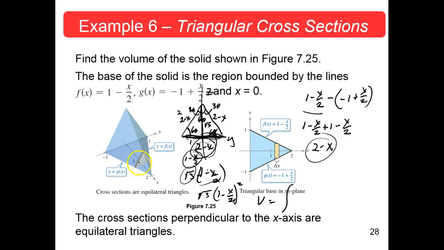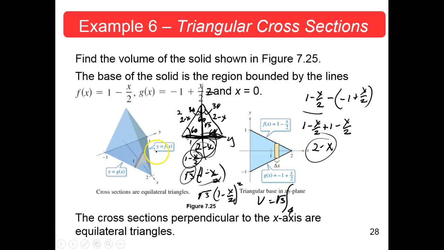Now the root 3 is going to be in there, so let's pull the root 3 out. Okay? And you're going from 0 to 2, because you're doing dy's here, aren't you? No, dx is here, okay?